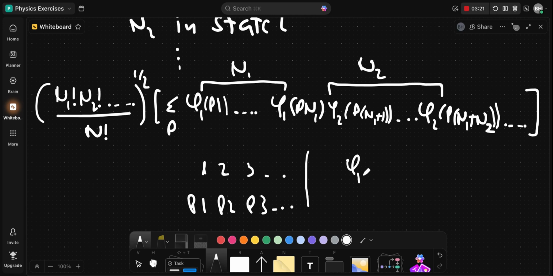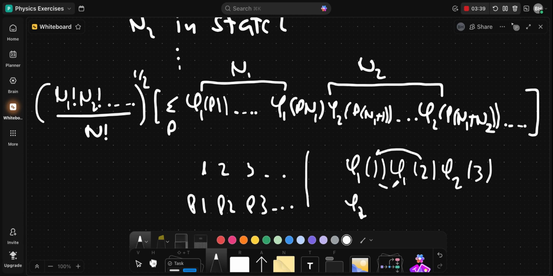For example, if I have phi 1, phi 1, so 2 particles, then this is certainly one term in the sum over permutations. And if I took all permutations, I could also permute this 2 and this 1, but that doesn't give me a new term. So that's not a distinct permutation, that's not included in this sum.